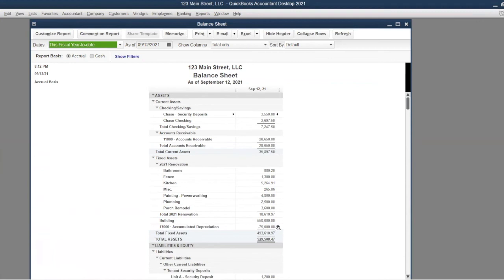Now I just made this number up of $75,000. That means, and depreciation is kind of theoretical sometimes, like, your building hopefully is appreciating, meaning gaining value. But in the tax world, you can take depreciation, and that's saying that the building is being worn out and it's losing value.